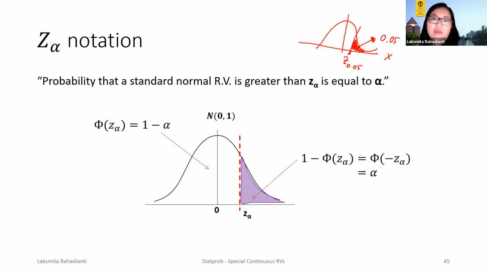So whatever it is, maybe the Z is 2, or maybe the Z is 6. I don't know. But whatever value this is, this point here on the x-axis, that is Z 0.05 or Z alpha. In other words, so for example, this is my standard normal distribution. I want to find the point at which 0.1 of my population falls here.